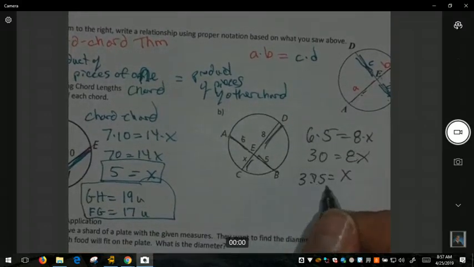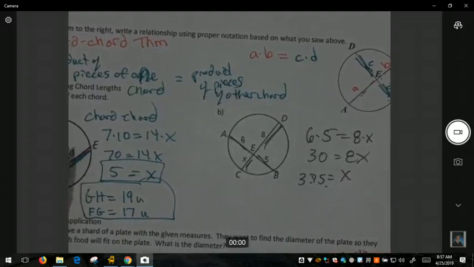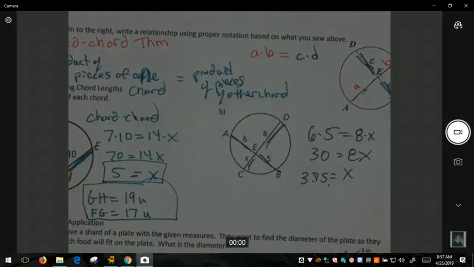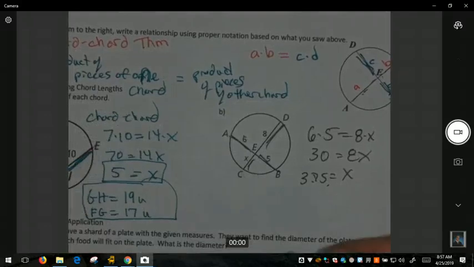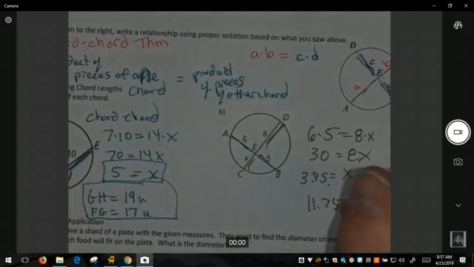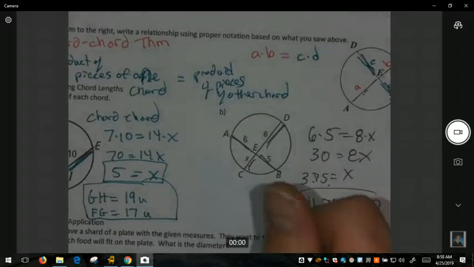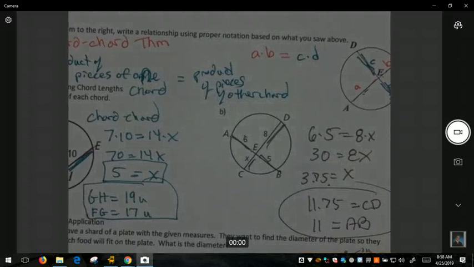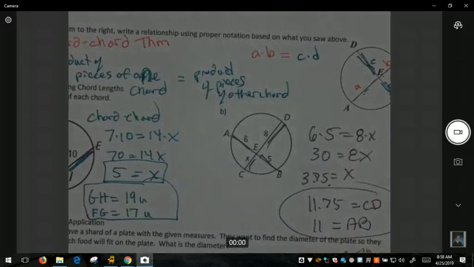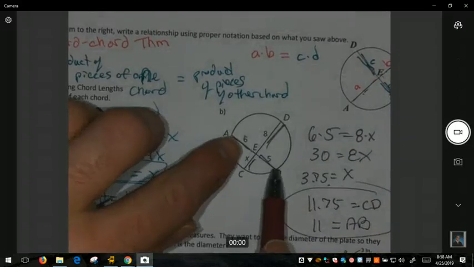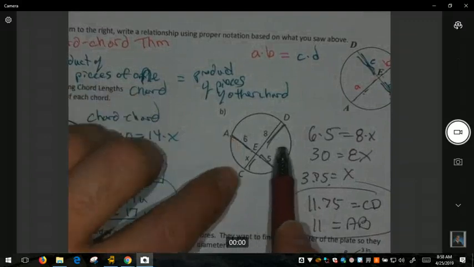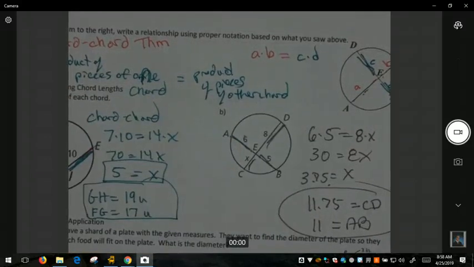Now that I know the value of x, I can definitively say that 8 plus 3.75 is 11.75 for the length of CD, and 6 plus 5 is 11 for the length of AB. So even though the chords aren't equal, and even though they don't bisect each other, the product of the pieces of one chord equals the product of the pieces of the other chord.